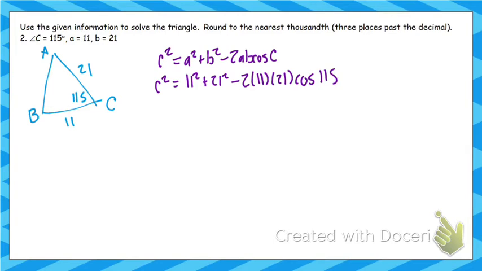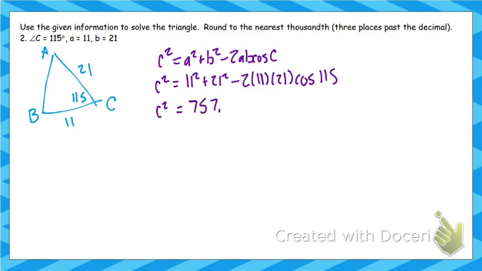These are the easy questions because I can just plug them straight into my calculator. Make sure your mode is in degrees, because we are using the cosine of 115 degrees.